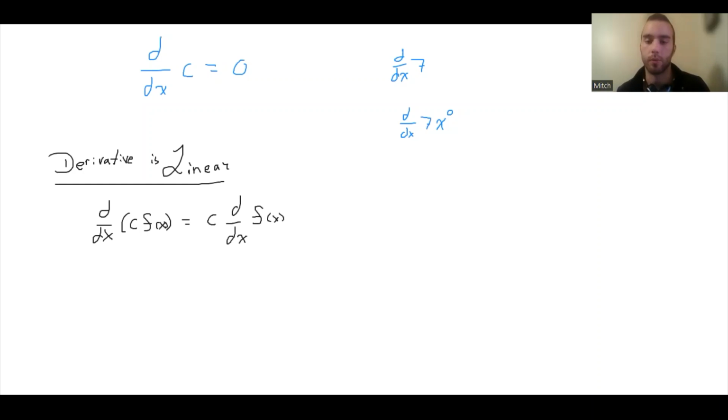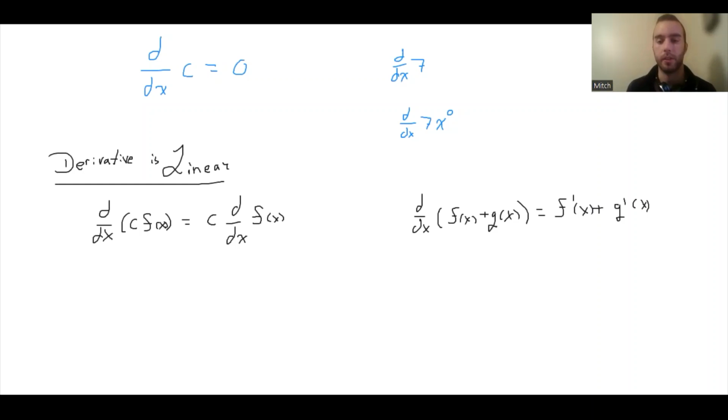The other rule, the addition rule, is that the derivative of a function plus another function equals the derivative of the first function plus the derivative of the second function. It distributes through the brackets. This is what it means for the derivative to be a linear function: it can move through constants and it can distribute.